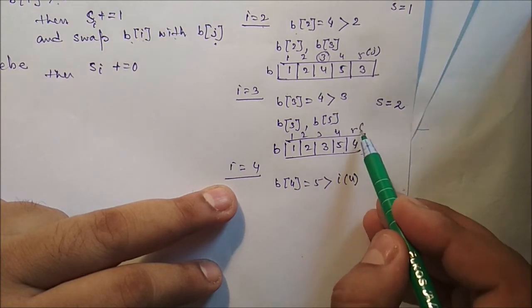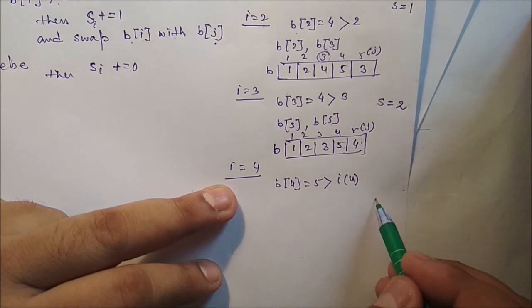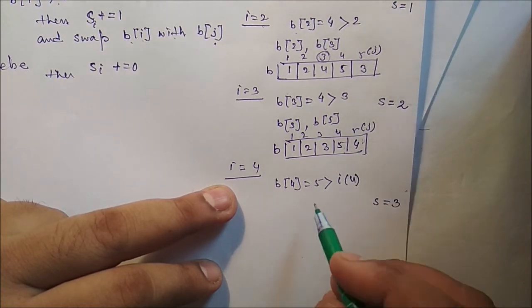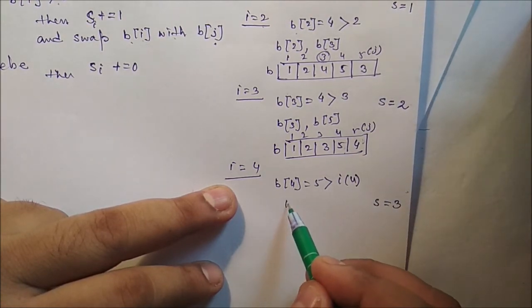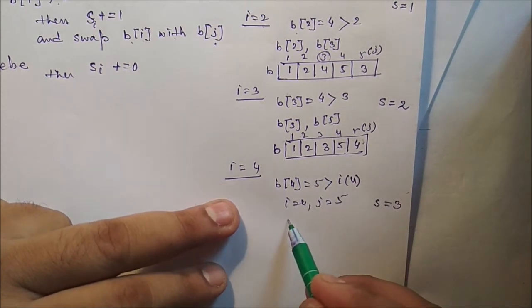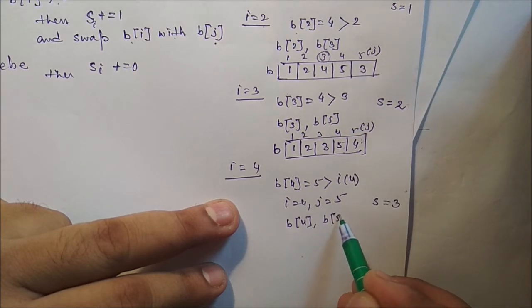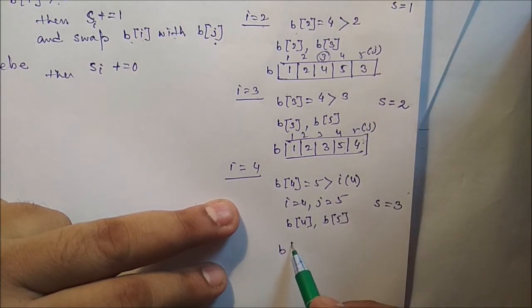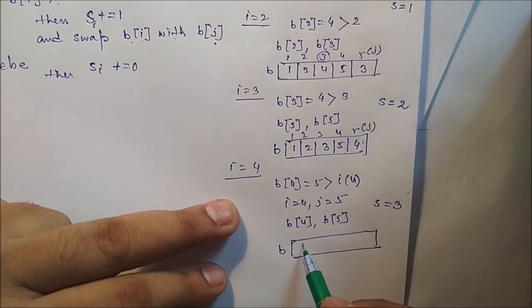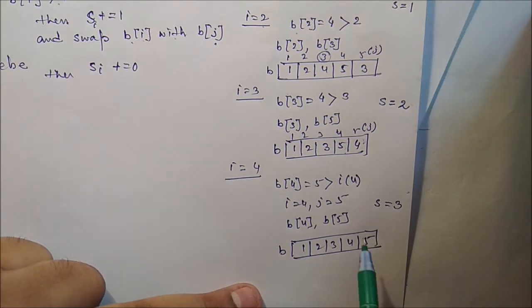Here it's 4, so this will be our j. We have to increment S, and i is equal to 4 and j is equal to 5. So we have to swap B4 with B5. That means B will be 1, 2, 3, 4, 5. So this is our last iteration.